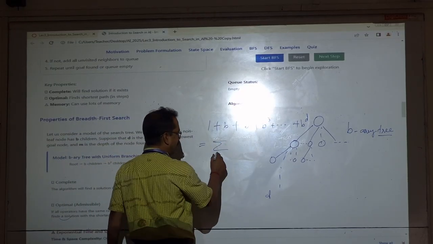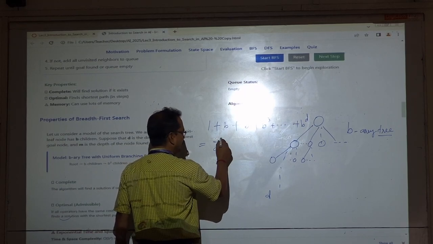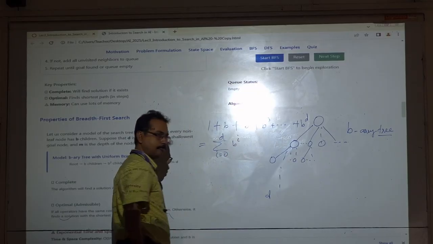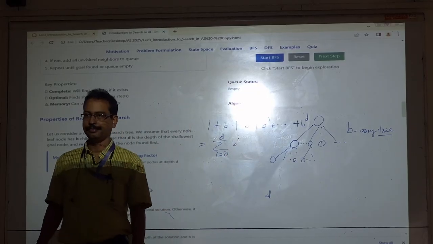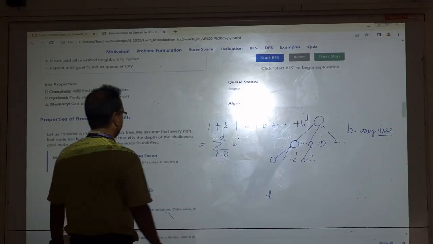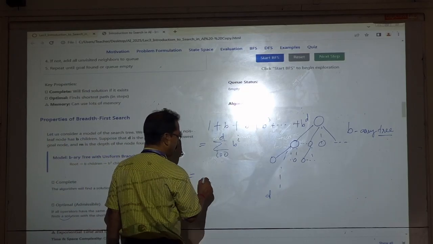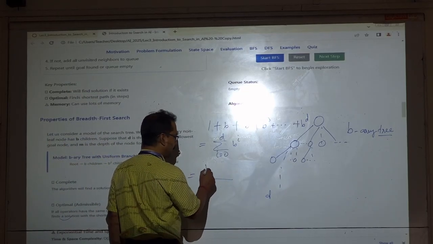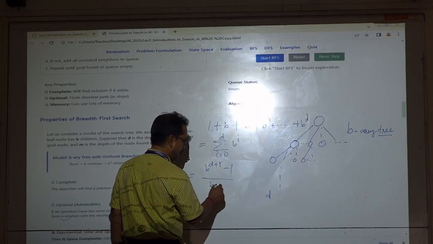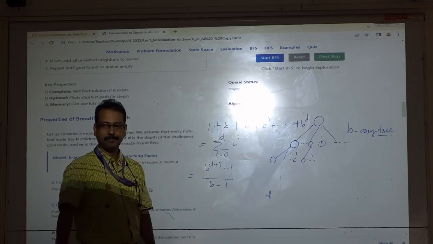This is the sum of i equals 0 to d of b to the power i. Is it or not? So how to get the result? It is b to the power d plus 1 minus 1, divided by b minus 1.